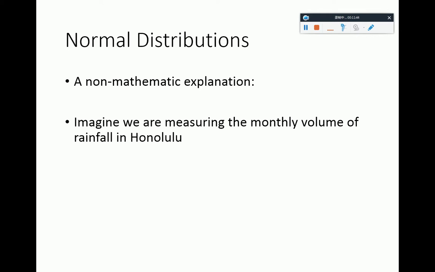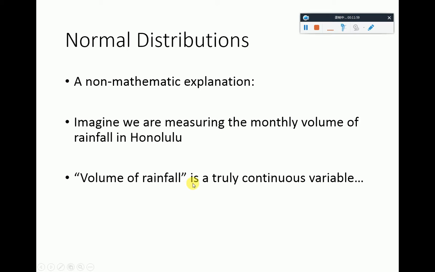So imagine that we're measuring the volume of rainfall in this particular city, or monthly volume. Immediately you will see that the volume of rainfall is a truly continuous variable. It's measured in, I don't know, square inch, for example, and that is a continuous variable without any dispute.